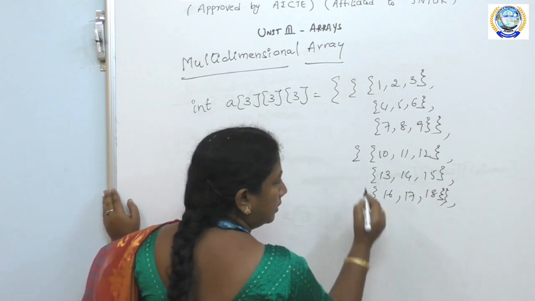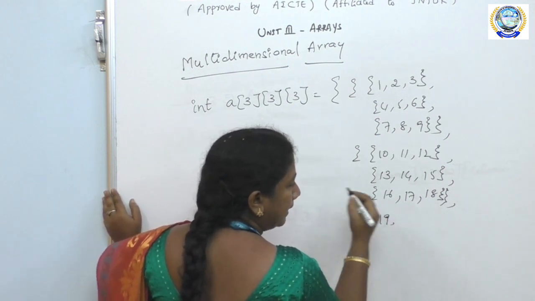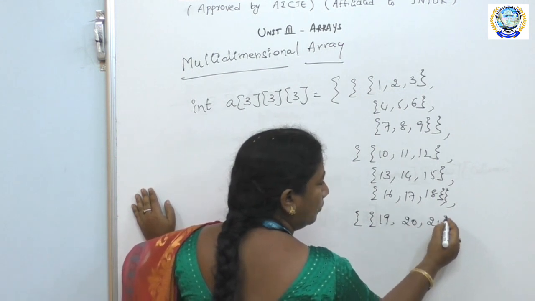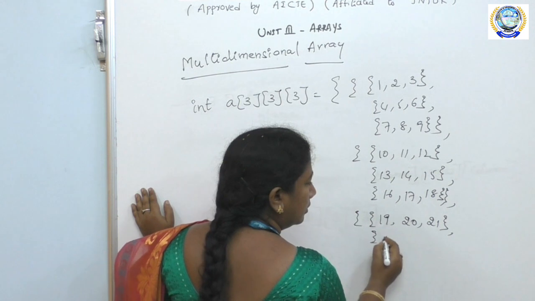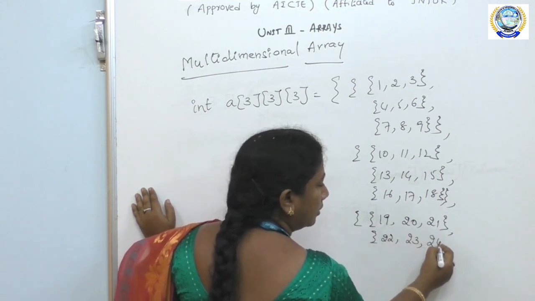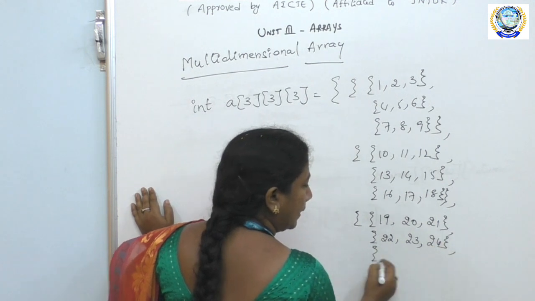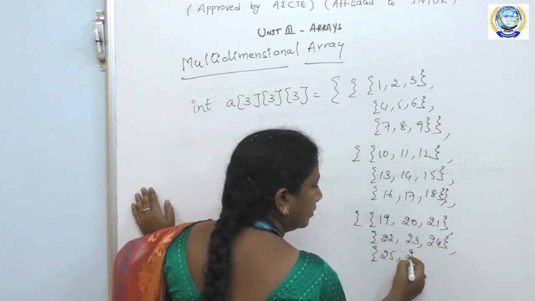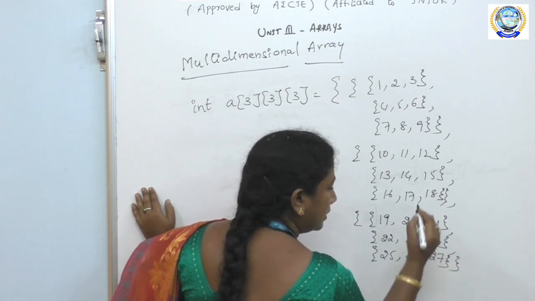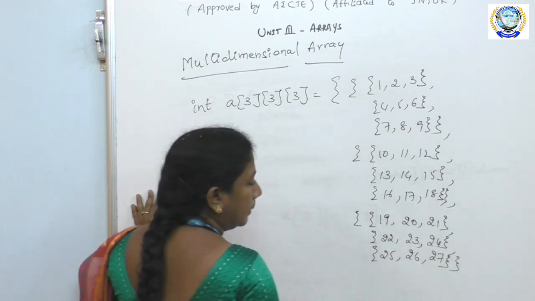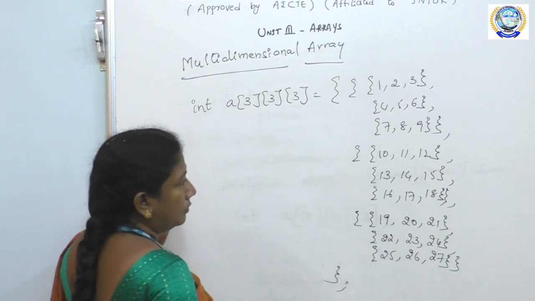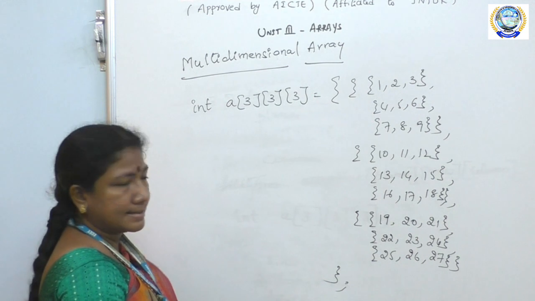Next, the third plane's details are 19, 20, 21, 22, 23, 24, 25, 26, 27. This is the third plane's details, and we have closed it like this.